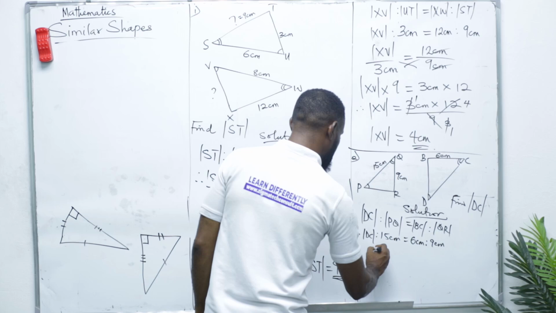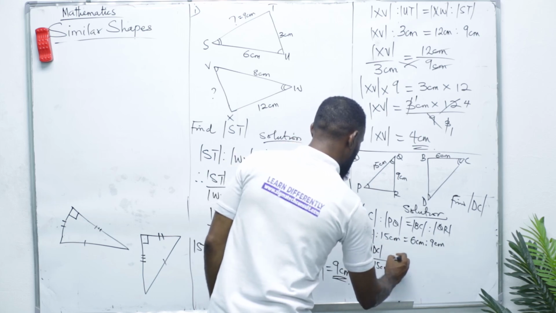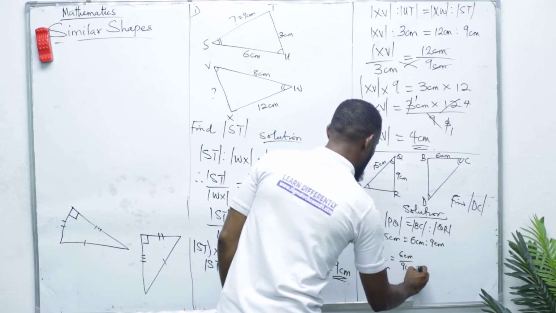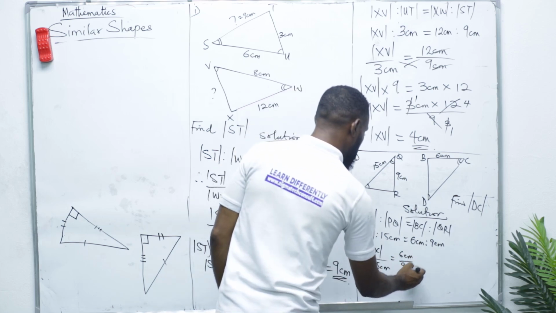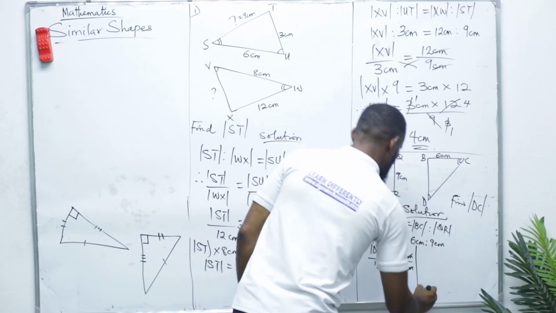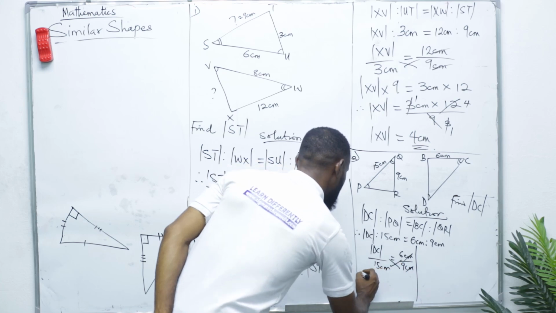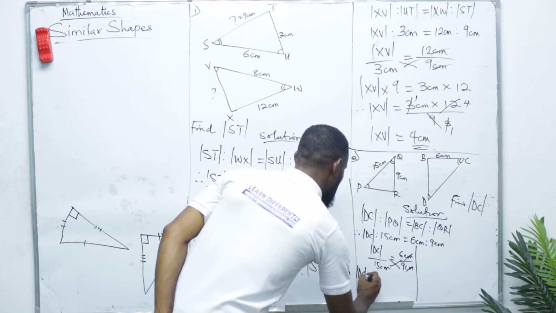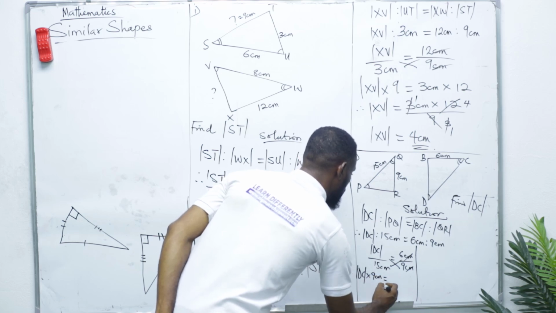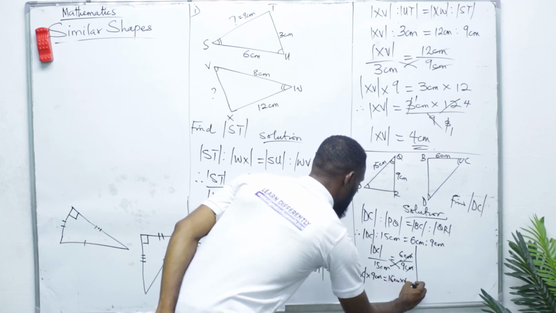So DC all over 15 cm is equal to 6 cm all over 9 cm. Is that correct? So by cross multiplication, our DC will be multiplied by 9 cm equal to 15 cm times 6 cm.